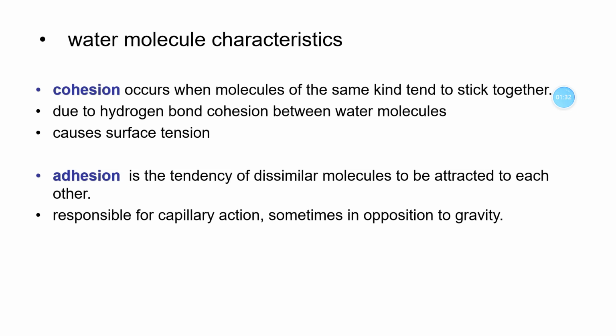The first ones are 2 characteristics, which are cohesion and adhesion. Cohesion refers to the attraction of molecules for other molecules of the same kind, and water molecules have strong cohesive forces, thanks to their ability to form hydrogen bonds with one another, and the cohesive forces are responsible for surface tension.